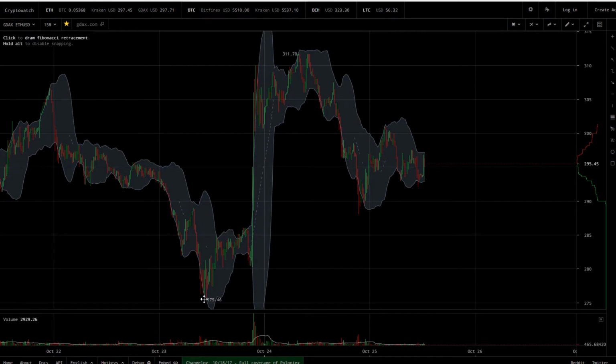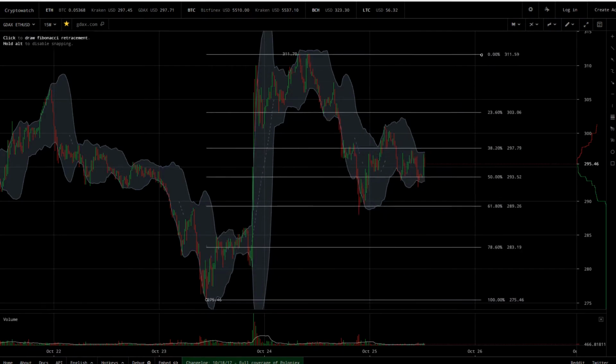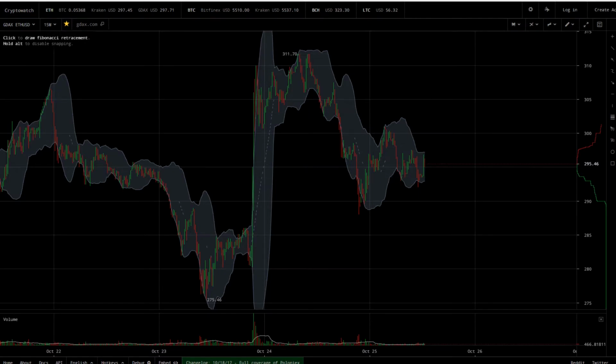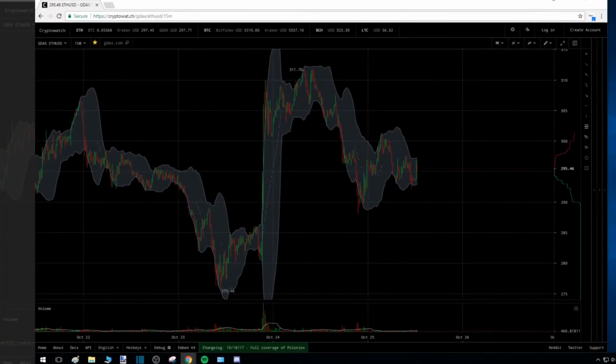Okay, keeping along the same example, let's put into context this bullish move here, and look at it in a different light. We can look at this little bounce. We bounced from 275 up to 311, but this whole move right here is actually comprised of 2 moves.